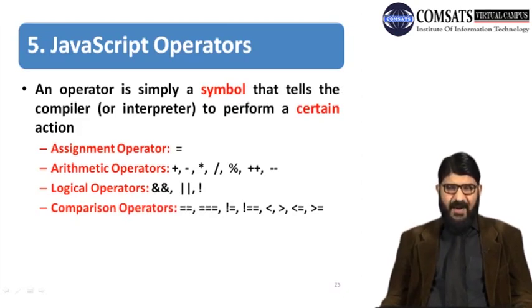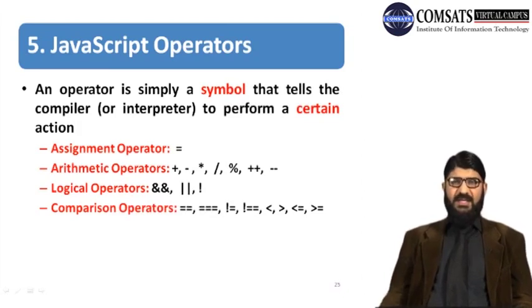So the compiler comes to know, with the help of the operator, what action is to be performed. The first one is the assignment operator. The assignment operator is the equal sign.